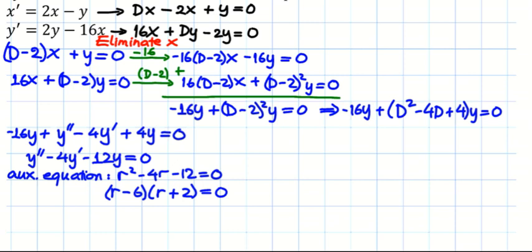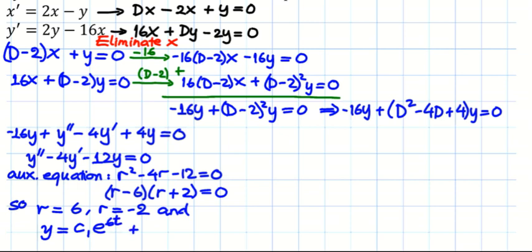So r is negative 2 and 6. So we will have the solution y equal to c1 e to the 6t plus c2 e to the negative 2t. So that is the solution for y.